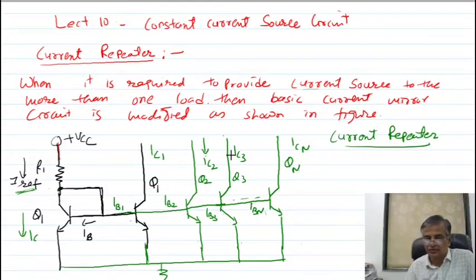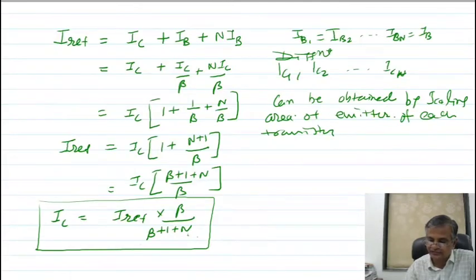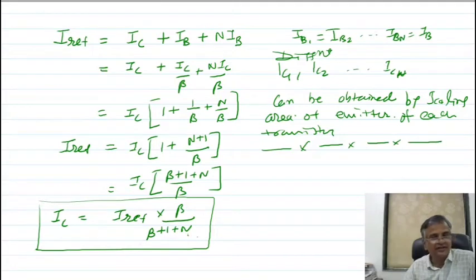So the current repeater is nothing but a basic current mirror circuit, and it provides the same value of constant current to different loads, or different values of the constant current to different loads, by taking different emitter areas, or by introducing a resistor in the emitter lead of each transistor.